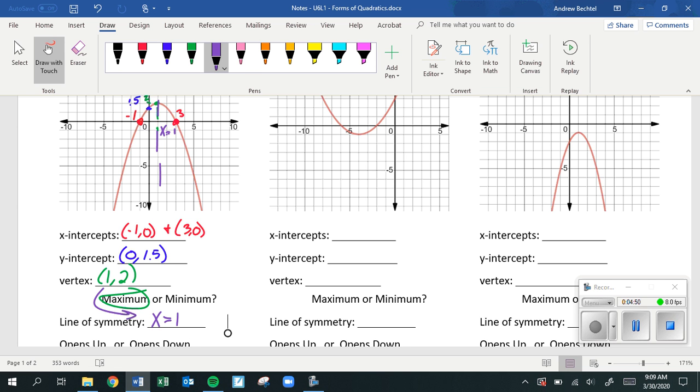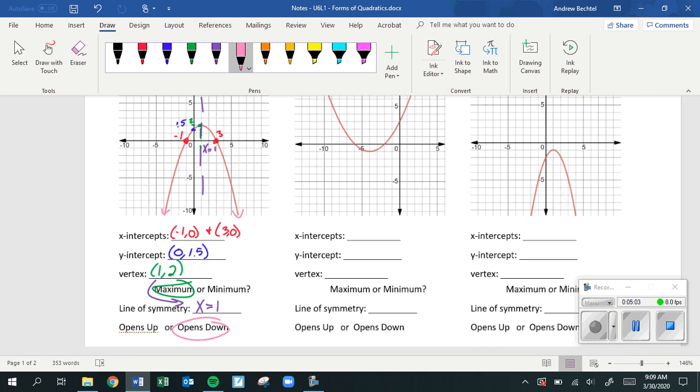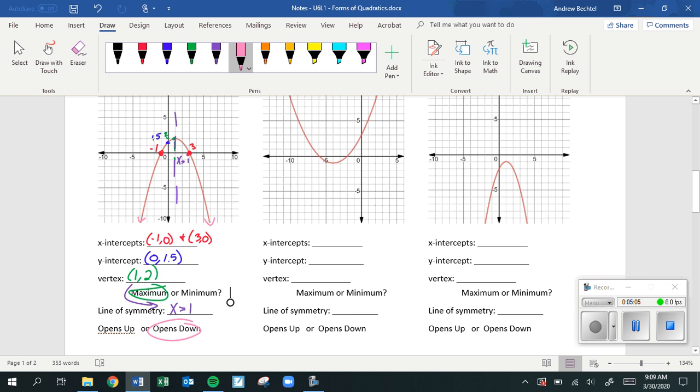And then lastly, which direction does this parabola open? The 2 ends of the parabola continue to go downwards, so this parabola opens down. So there are all the key features for this parabola. We see the x-intercepts, we see the y-intercept, the vertex, and the line of symmetry, which is connected, and then the direction that the parabola goes.